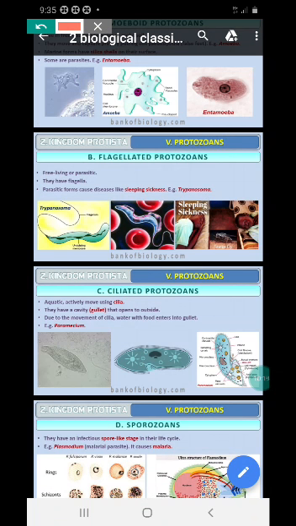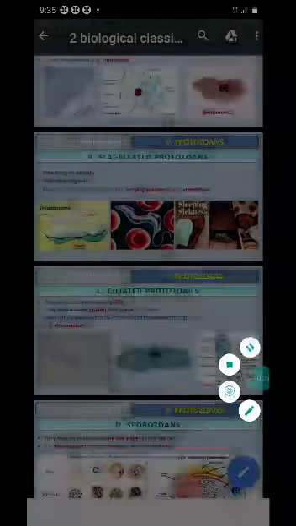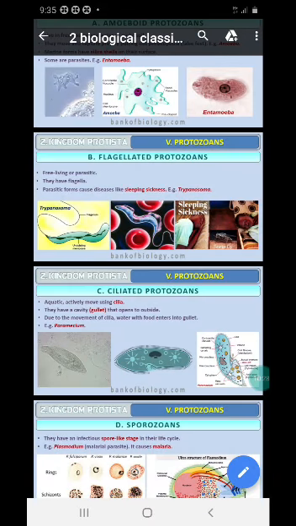Flagellated protozoans, example, Trypanosoma. What is this Trypanosoma? Have you heard of a Trypanosoma somewhere in 9th standard or so? Yeah, it causes the sleeping sickness in human beings. It looks like euglena and it has got one long flagella.